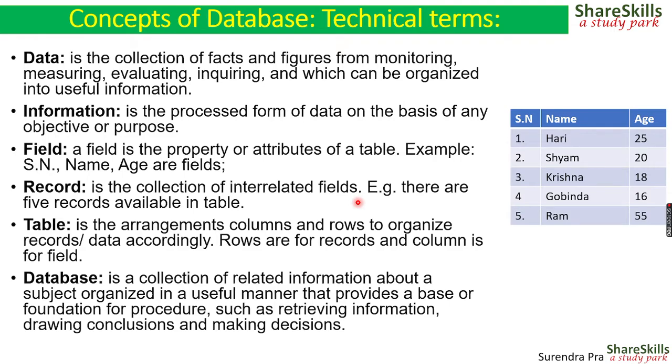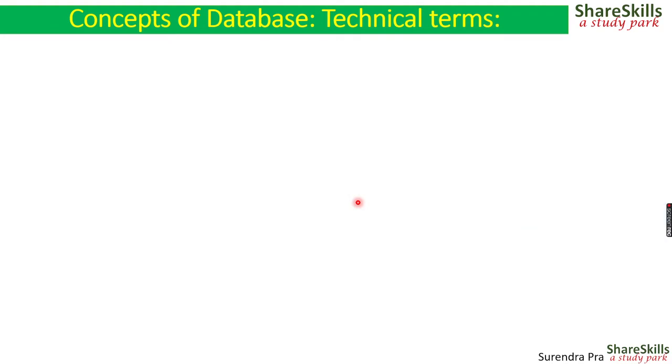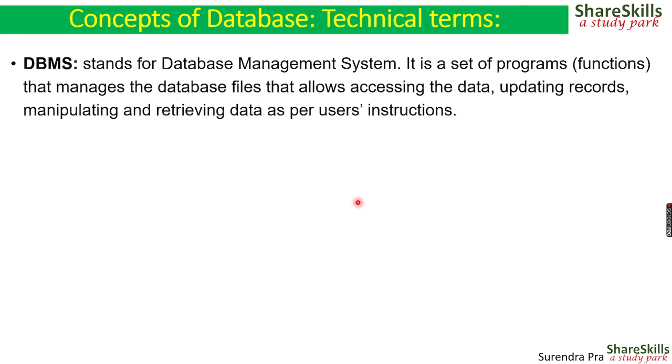If you organize that data in a particular way, that becomes the database. That helps us to manipulate, retrieve, search, or make conclusions and decisions. So database is most important for any organization or any people to make decisions, to make the concept.